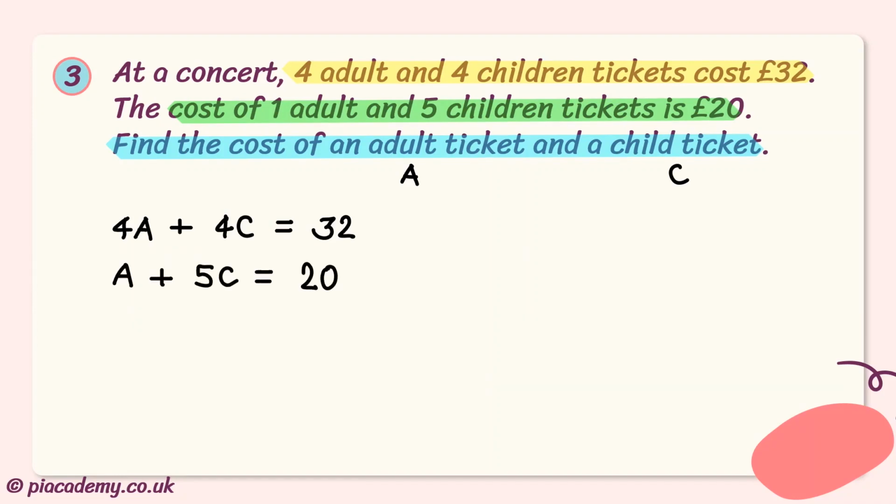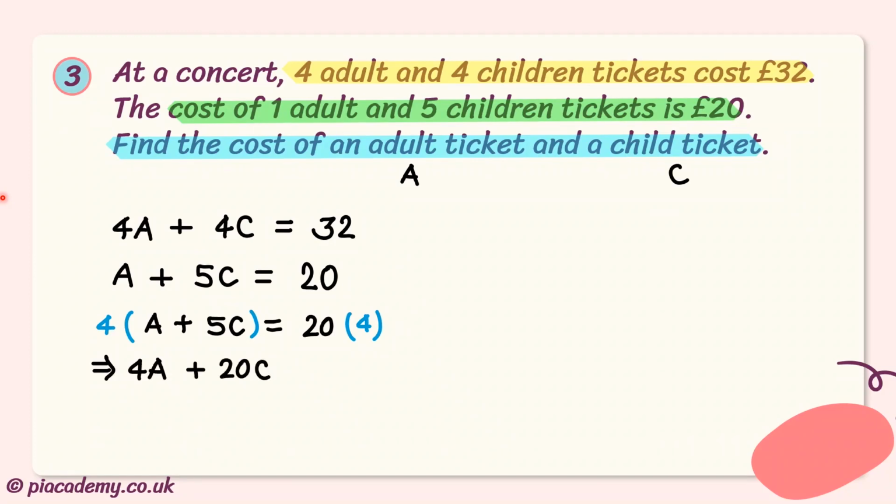Now, how should we solve these equations? To solve them, we need to make the coefficients of one of the variables the same. How can we do that? Let's multiply the equation A plus 5C equal to 20 by 4. We'll get 4A plus 20C is equal to 80. Now, the coefficient of A is the same.